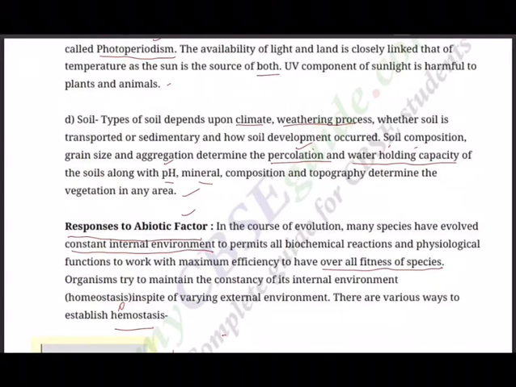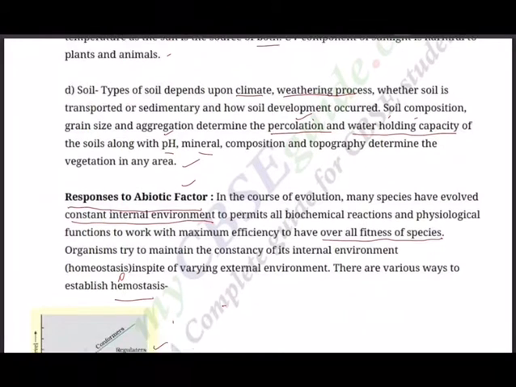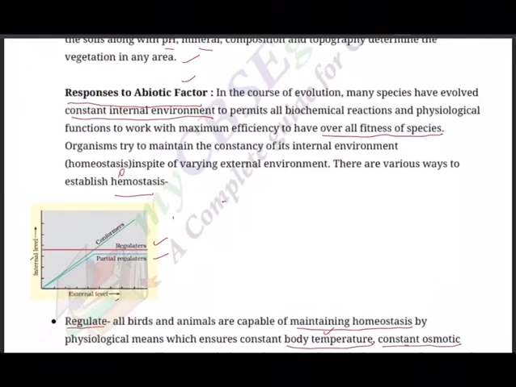Well, basically let's see how these organisms respond to abiotic factors. In the course of evolution, many species have evolved a constant internal environment. What is that constant internal environment? Technically we say it is homeostasis, and that permits all biochemical reactions as well as physiological functions to work with maximum efficiency, to have overall fitness of the species.